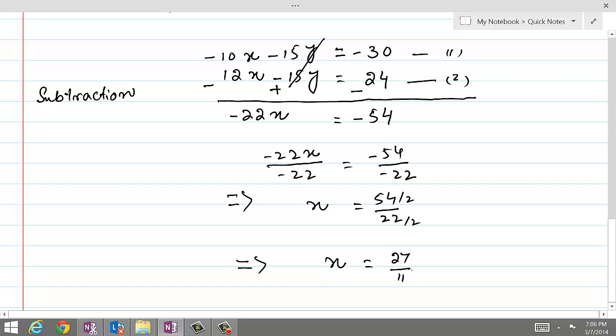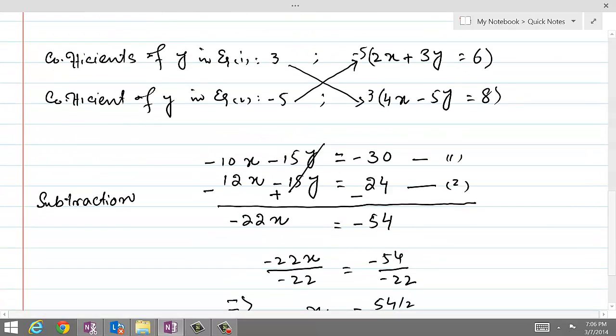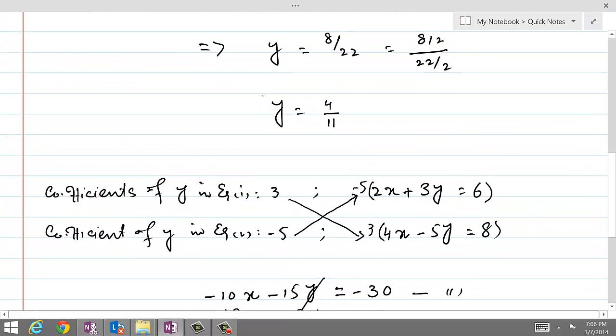So this is the value for x. We already have got the value for y. So that's what we have got: the solution of the given system of equations, x and y, is 27 over 11 and 4 over 11.